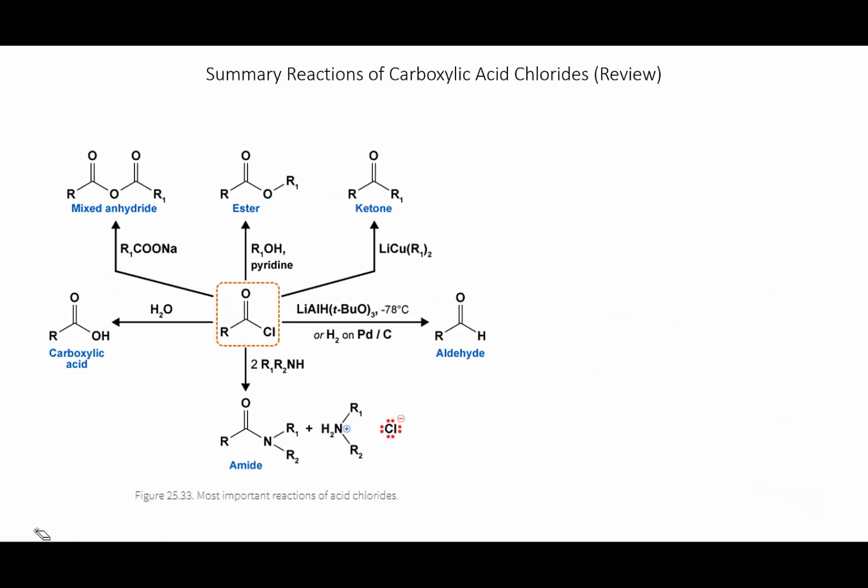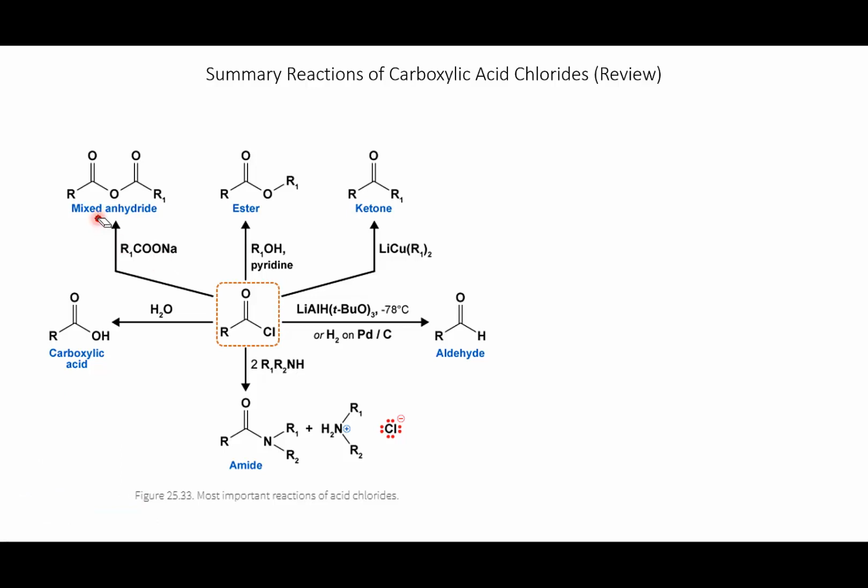Okay, so here are our reactions of carboxylic acid chlorides. If you want to make an anhydride, the best thing to do is to react that acid chloride with a carboxylate.